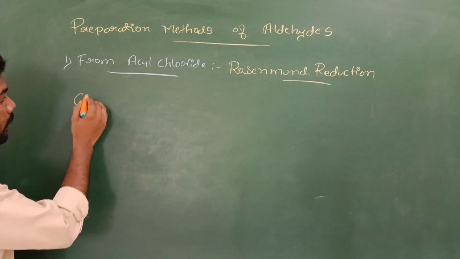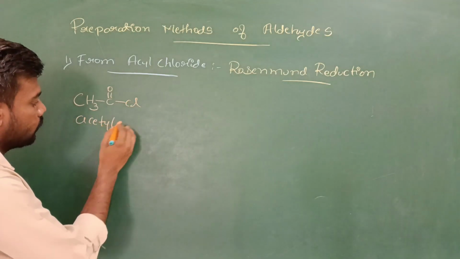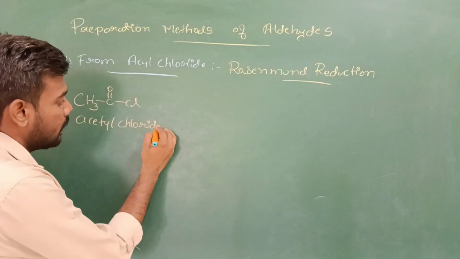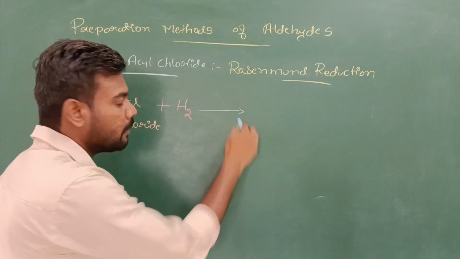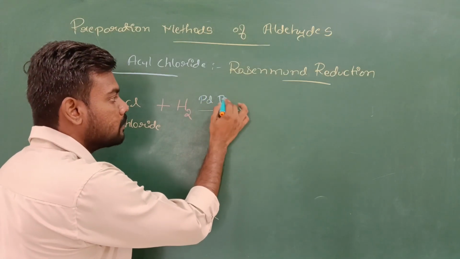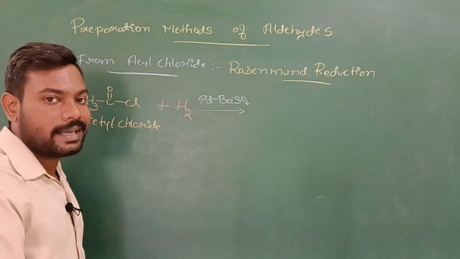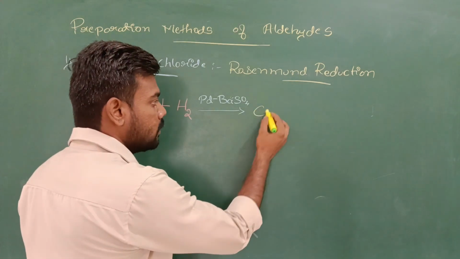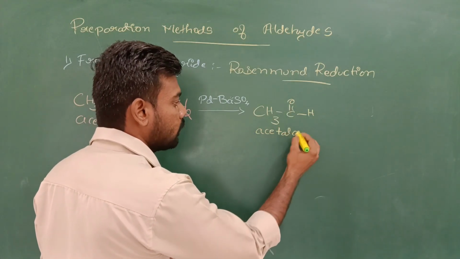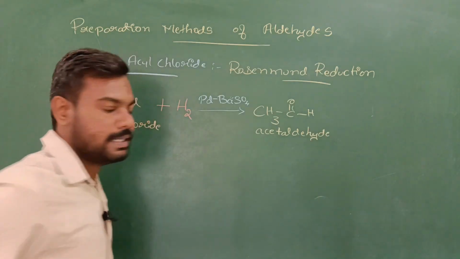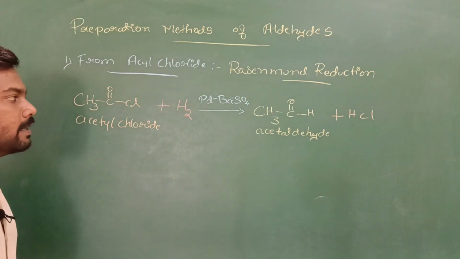For example, when acetyl chloride is reacted with hydrogen in the presence of palladium barium sulfate, which is known as a poison catalyst, in a controlled condition, we get acetaldehyde and HCl.